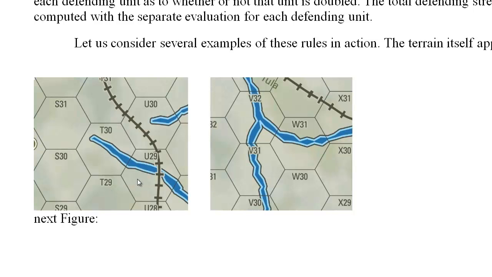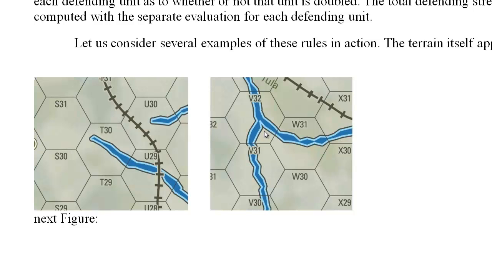On the other hand, suppose we have huge stacks of Germans here, and we have one Romanian 224 here also participating in the attack on T-29. If any at all of the attacking units are not on river squares, one is enough, the defender is not doubled. The unit that is making the attack from the non-river square is called an undoubling unit.